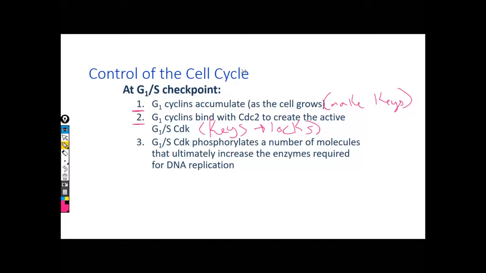But this only works if you have enough keys. There are many locks, more than one, like one of those big mansion type houses. That makes sense? This is why it's so important that we've been making keys the whole time we've been growing. We need to have made enough keys to fill all of the locks.